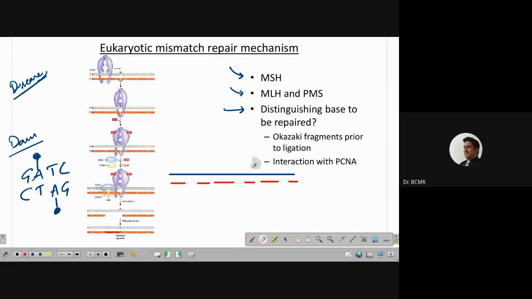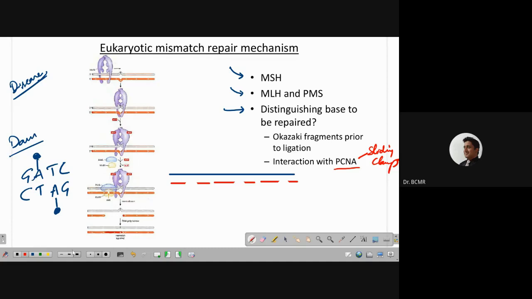In that case, I hope you remember what is meant by PCNA. What is the function of PCNA? It is a sliding clamp. In eukaryotes, PCNA is the sliding clamp. What is the function of a sliding clamp? It is to increase the processivity of DNA polymerase.